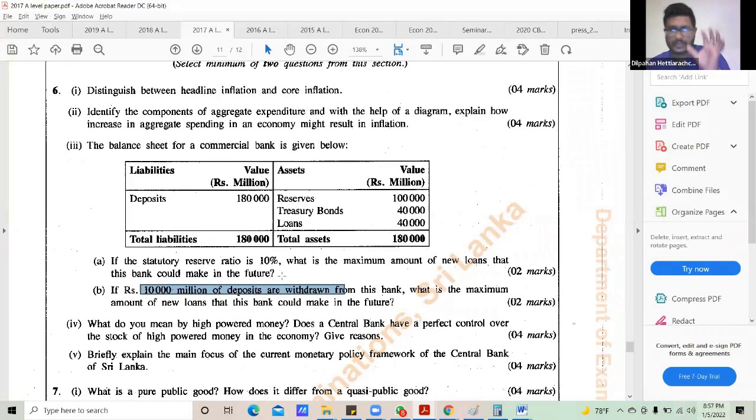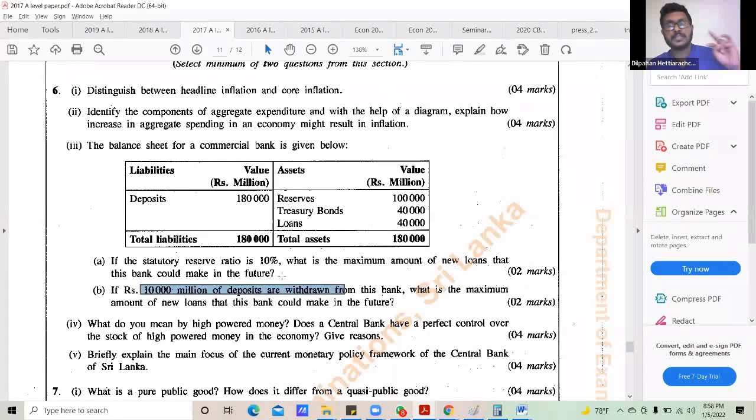Okay. So what are the conclusions we can come up with? If there is excess reserve of a single bank, that is the amount they can give as loans in future. Yes. If there is a withdrawal, what we have to do? We have to deduct reserves and deposits both. What else can we come up with as conclusions?